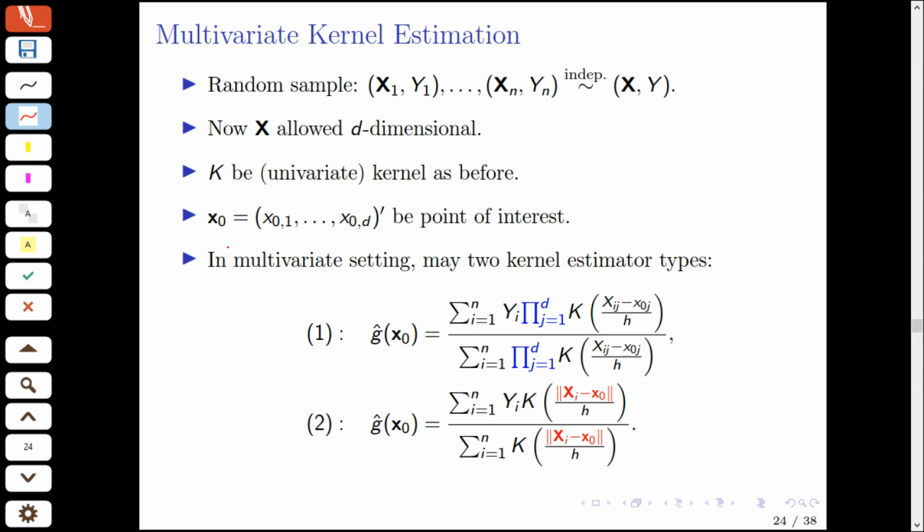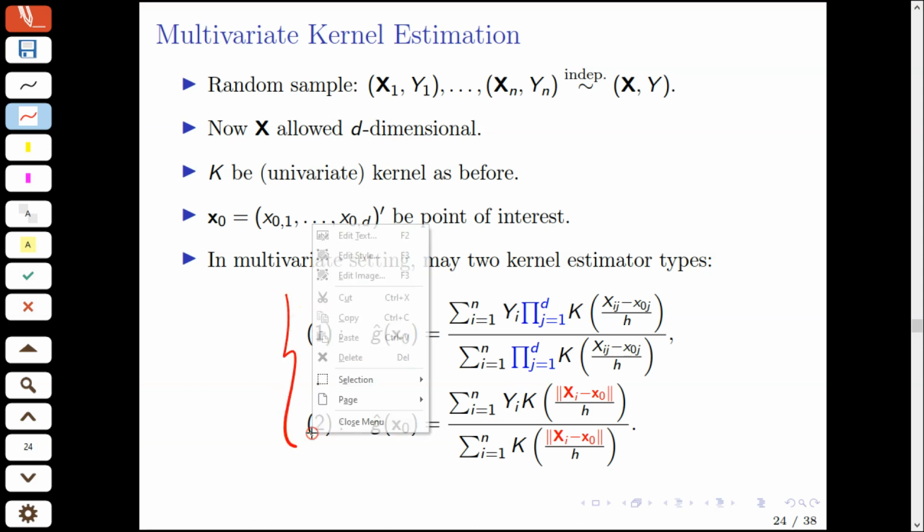Now when we're in a multivariate setting, there are many possible ways of extending the Nadaraya-Watson kernel estimation technique to a multivariate setting, but they roughly fall into two choices.